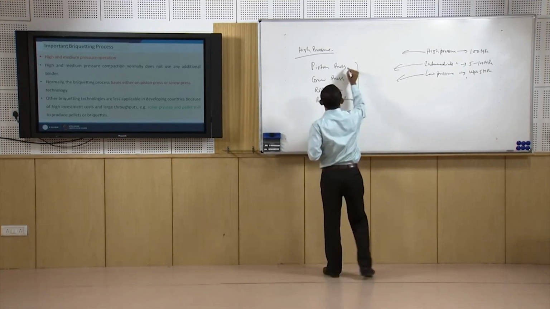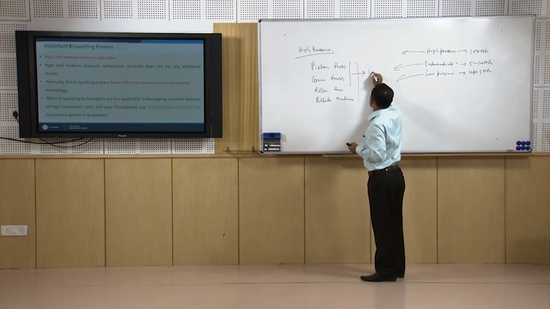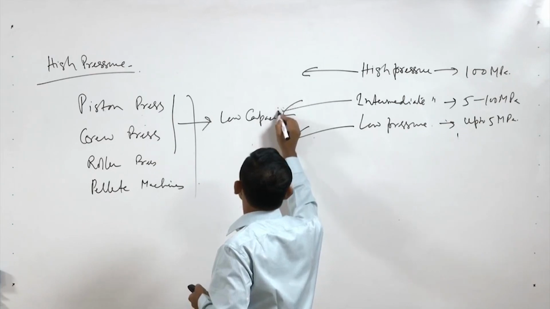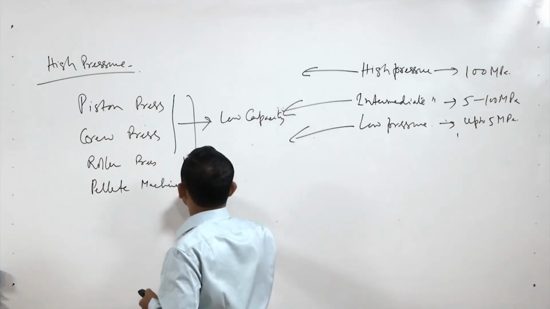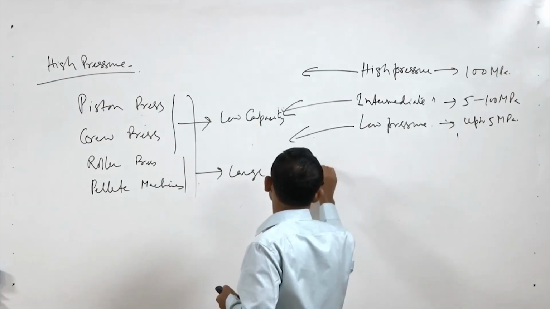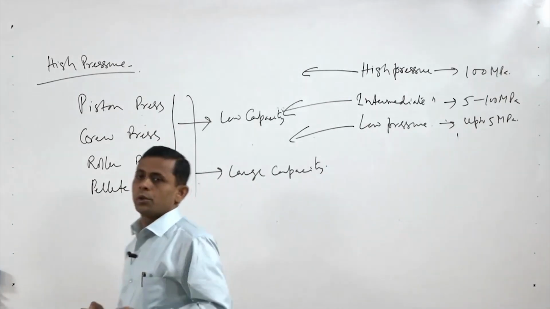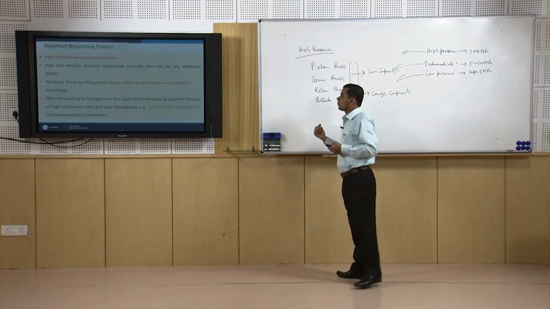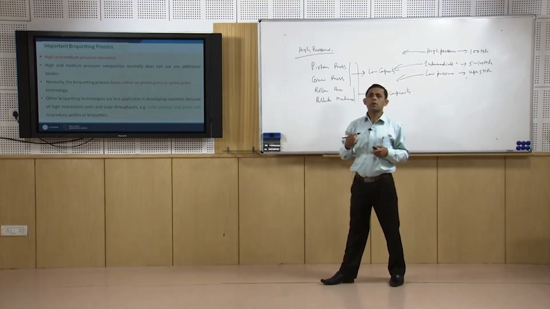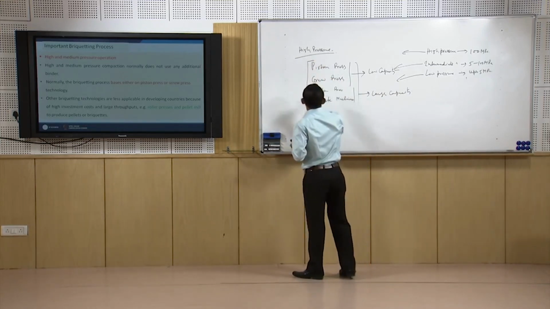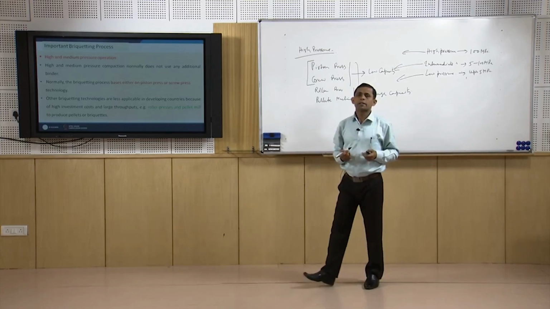So, these 4 types of machines are used for the production of briquettes, but the first two have low capacity and the other two have very large capacity. In developing countries where the application of densified materials is not very high, piston press and screw press are widely used.